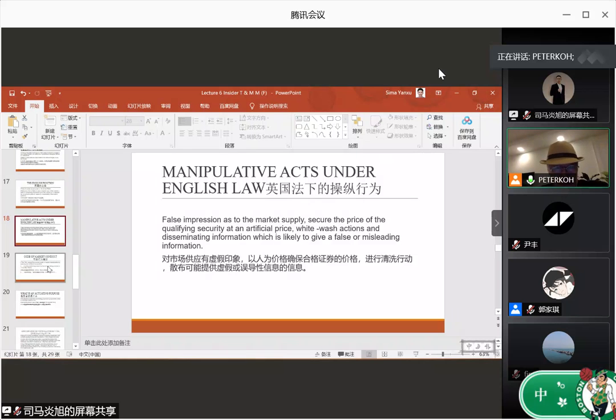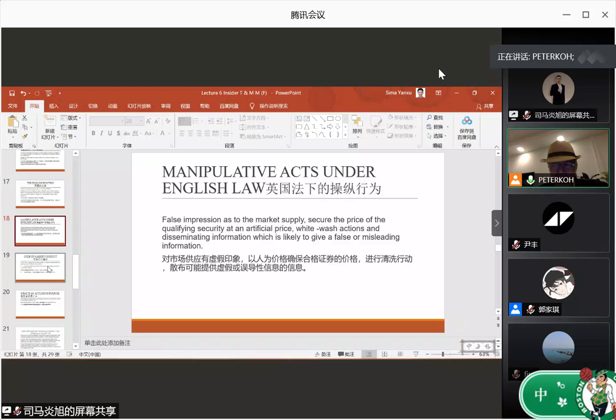False impression, to secure the price of the qualifying security at an artificial price. Artificial price means it's not natural. And disseminating information which is likely to give a false or misleading impression, deliberately.